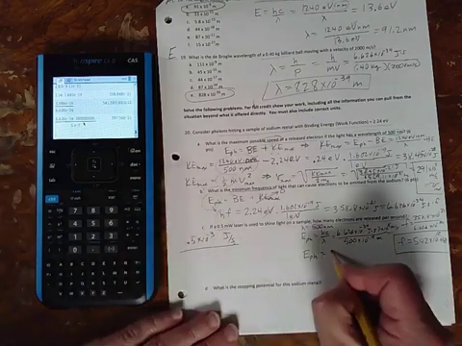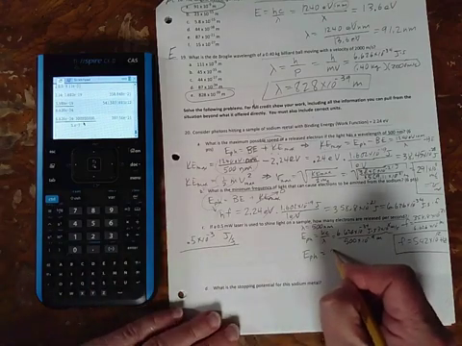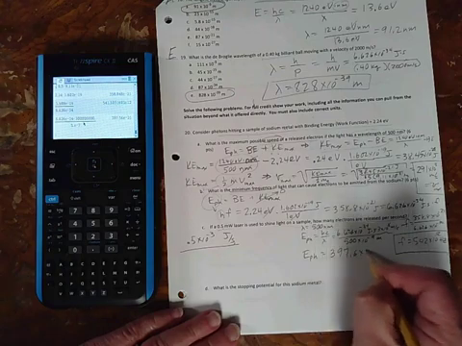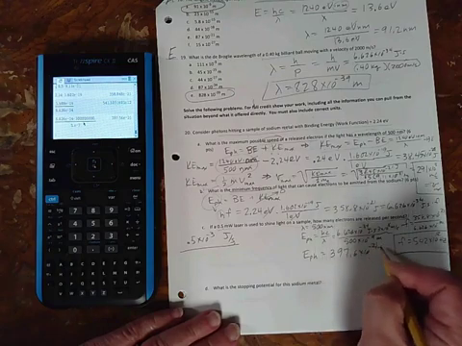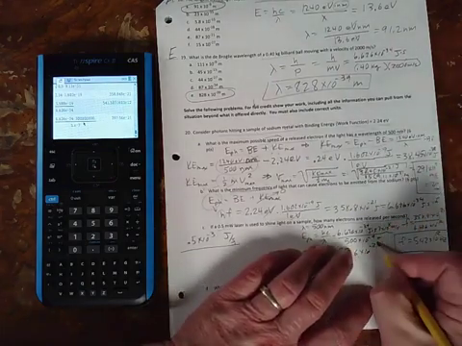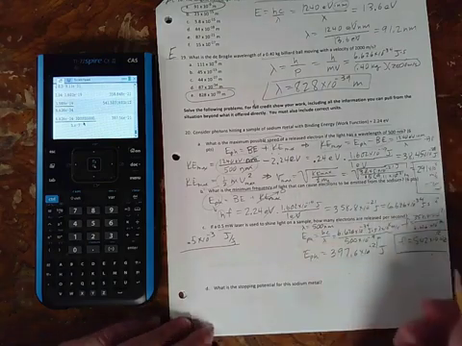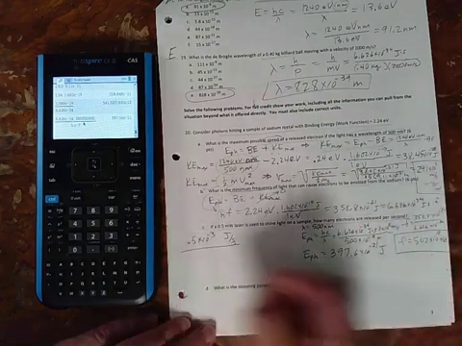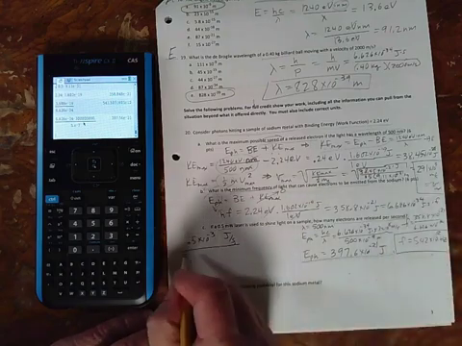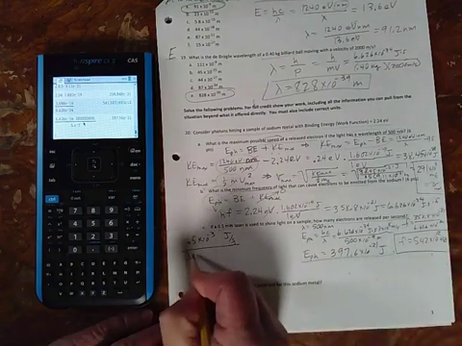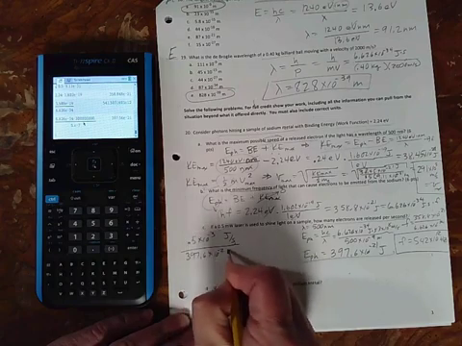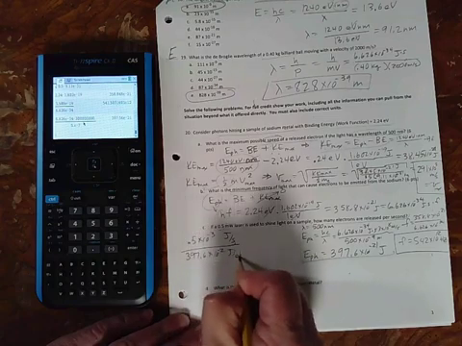So the energy of one of these photons is 397.6 times 10 to the negative 21 joules. And so that is how many joules we need for each electron. So let's just divide here by 397.6 times 10 to the negative 21 joules per electron.